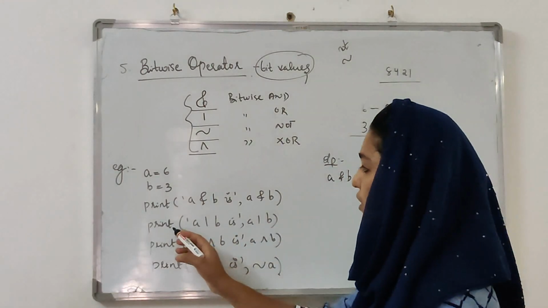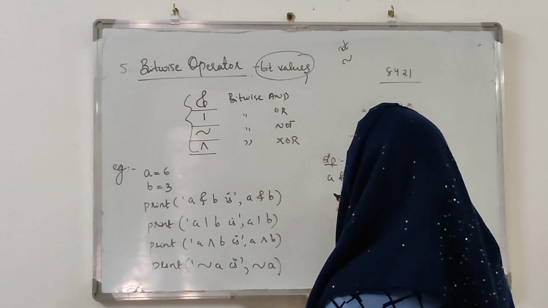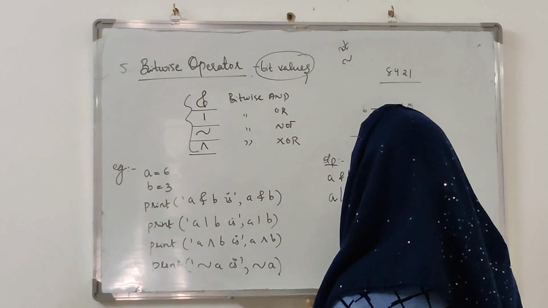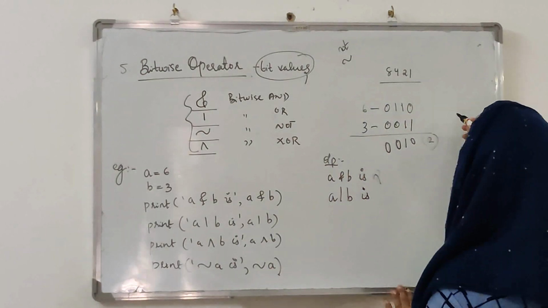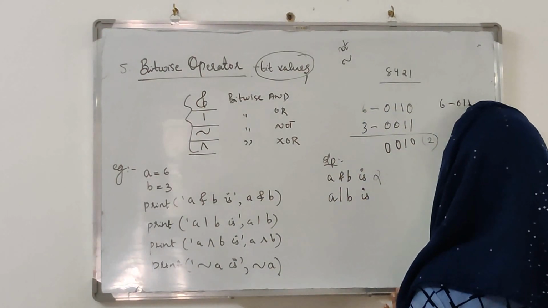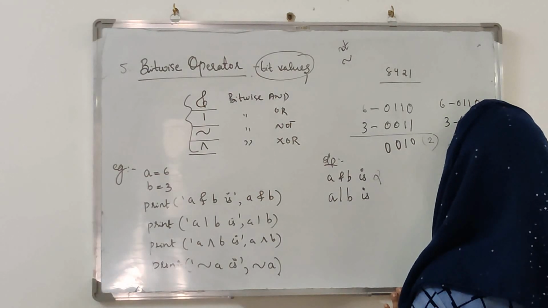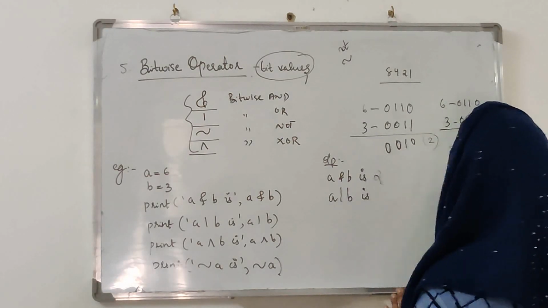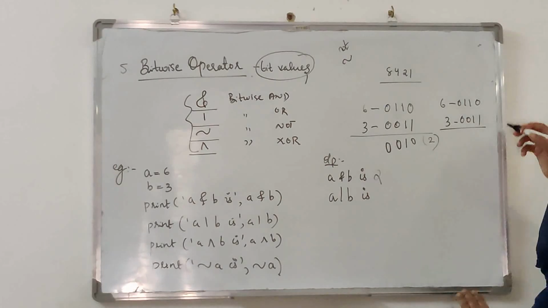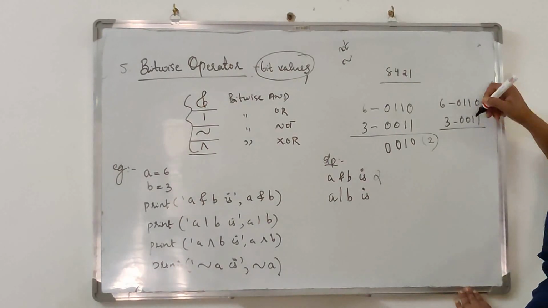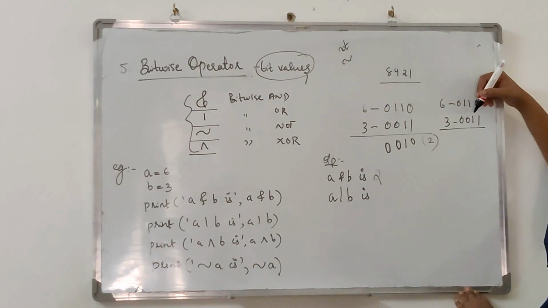Look at our second question, that is A or B. Here also, the input is the same, that is 0, 1, 1, 0. Next is 3, 0, 0, 1, 1. Now we need to perform our OR operation, that is 0 or 1. In case of OR operation, if either of the inputs is 1, our output will be 1.